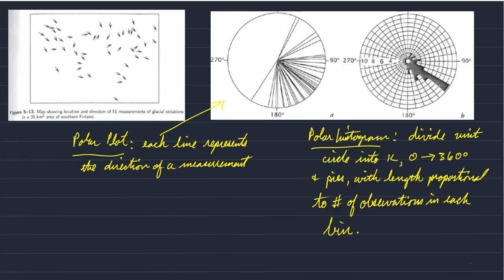But there's a potential problem with this form of a polar histogram in that if the length, say the length is r, is proportional to the number of measurements, then the area of the pie is proportional to r squared.